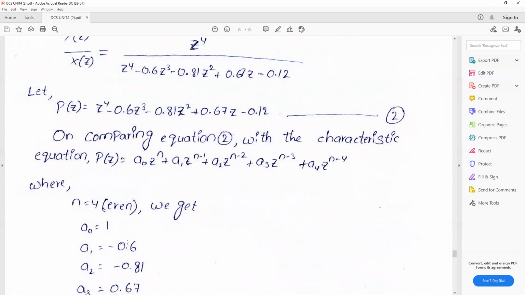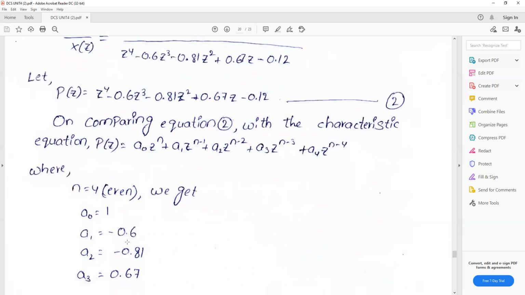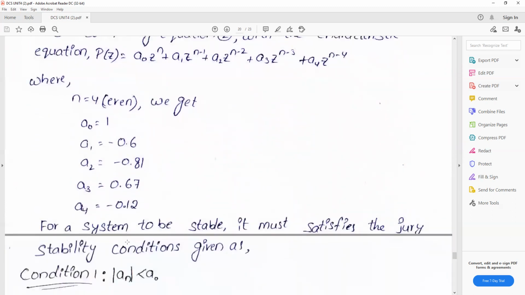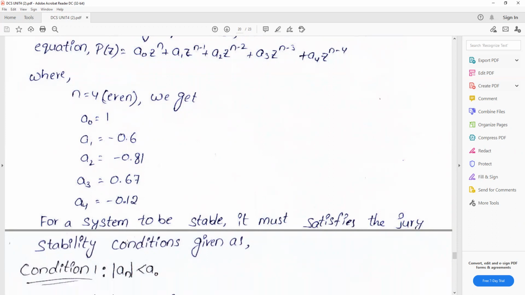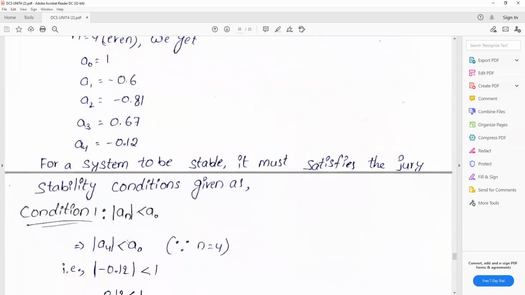On comparing with equation 2, the given characteristic equation is a0 z power n plus a1 z power n minus 1 plus a2 z power n minus 2 plus a3 z power n minus 3 plus a4 z power n minus 4. So a0 is 1, a1 is minus 0.6, a2 is minus 0.81, a3 is 0.67, a4 is minus 0.12. Okay, so it must satisfy the 4 conditions.